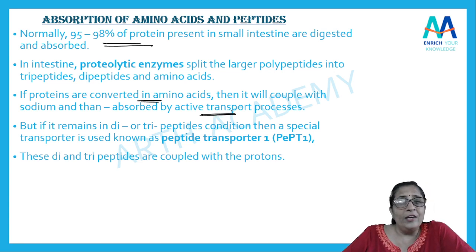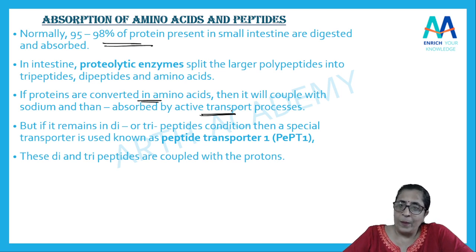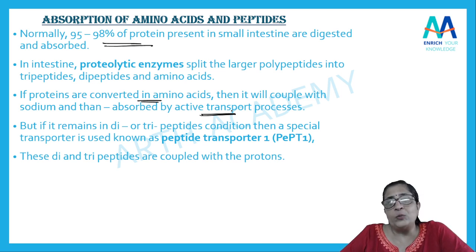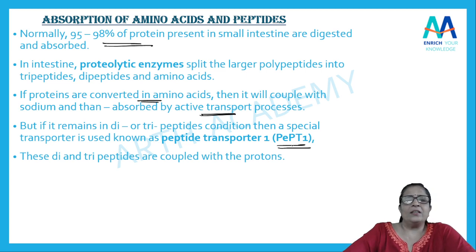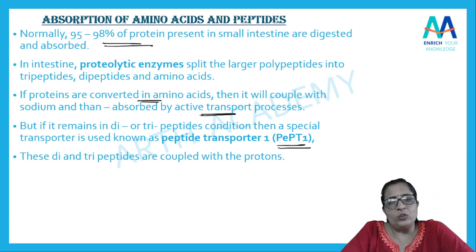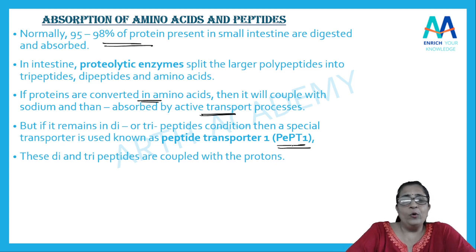कब होगा, if the protein is converted into amino acid, but if it remains in a di or tripeptide form, okay, then special transporter is required, and that is called as a peptide-1, that is peptide transporter 1. क्लियर. तो ये जो पेप्टाइड ट्रांसपोर्टर के थ्रू जब डाई और ट्राई पेप्टाइड एब्जॉर्ब हो गए, they will need proton.